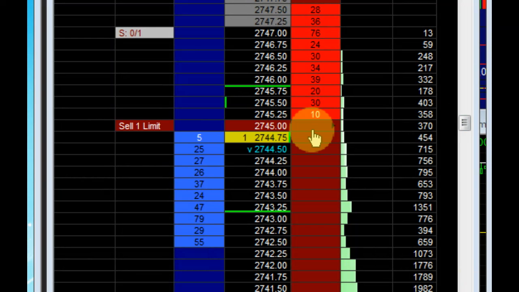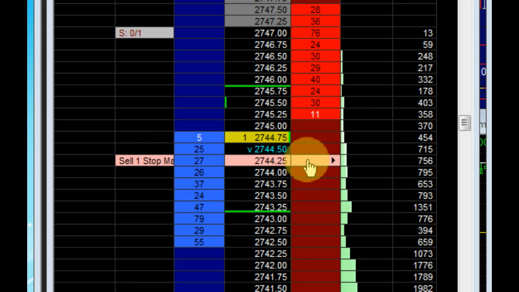Then we have a gap where there's no offer to either sell a long position or to offer to get short. There's actually a gap in there. But then the next offer price is 27.45 1/4, and we see there's 11 of them there.